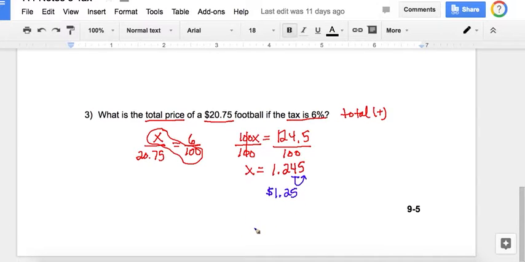Now, this number right here represents the tax, but what did the question ask for? The total. So now we have to take $20.75 and add the tax, which is $1.25. And $20.75 plus $1.25 is $22.